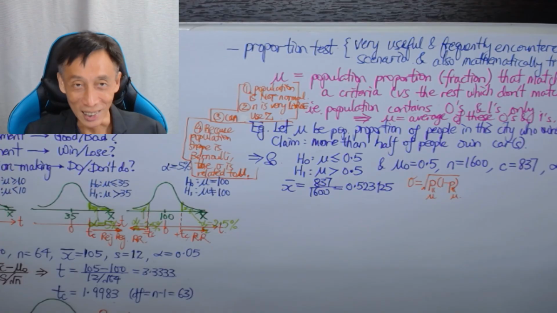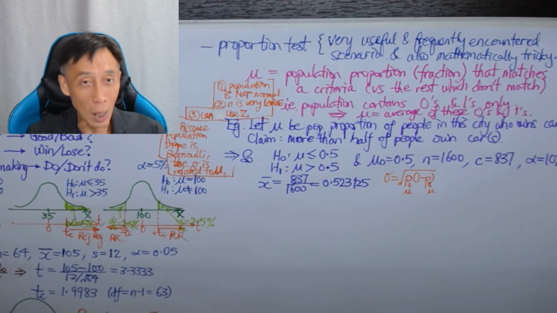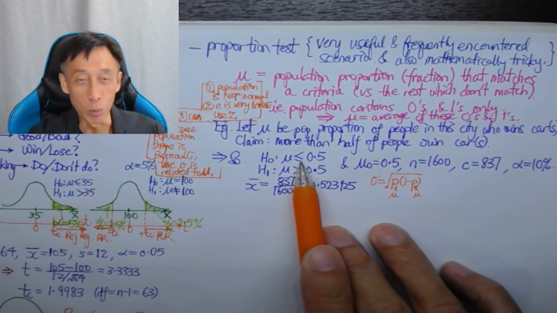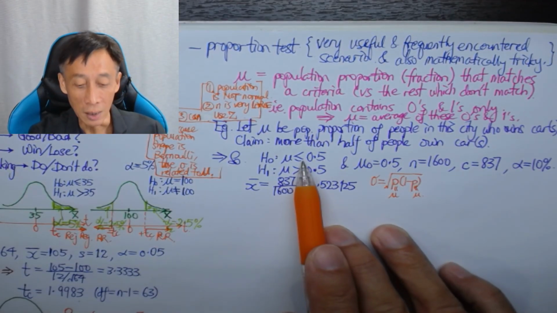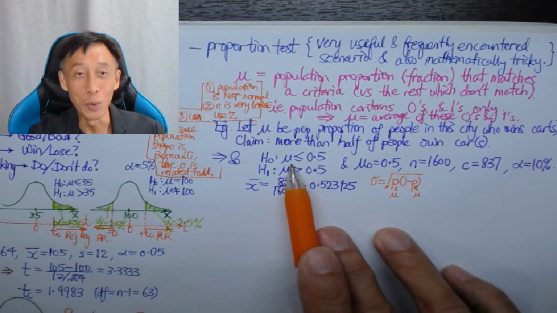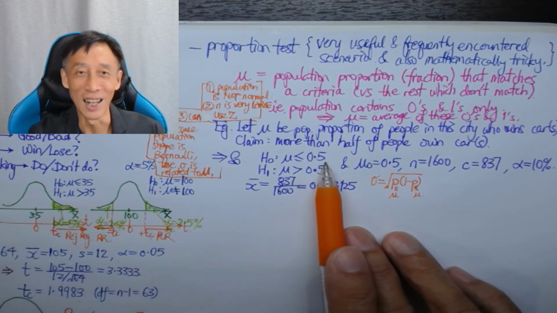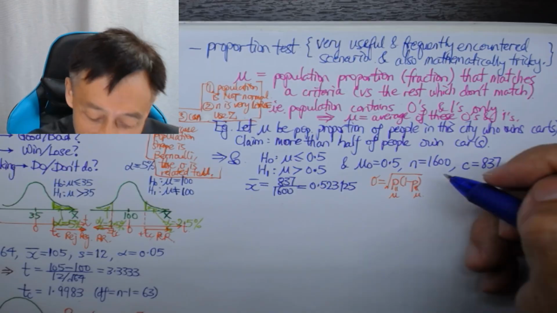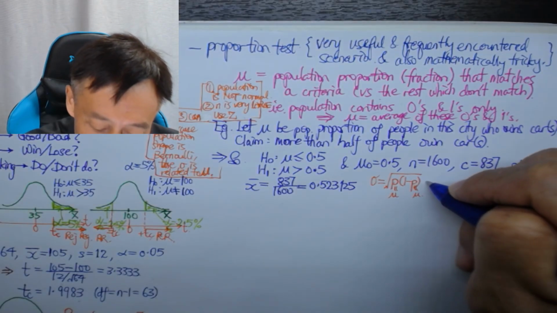Can. Why? Because remember that throughout the hypothesis test, we assume H naught to be true. In particular, whenever we need to know mu and we don't know, we just assume mu is 0.5. So that's why we can untie the tie.